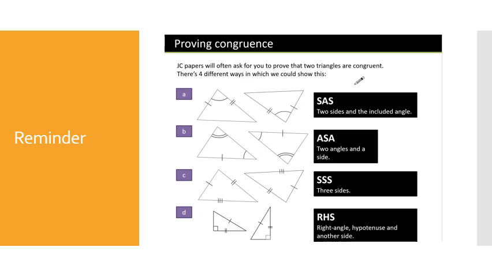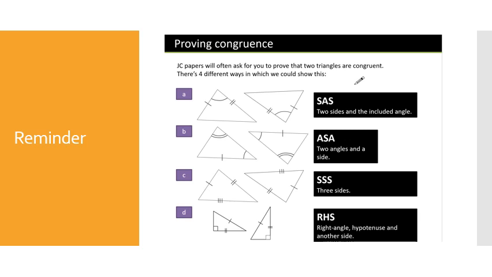The other thing that's useful is what is meant by congruent triangles. If two triangles are congruent, they have the exact same shape and the exact same size, so all angles are equal in measure and all sides are equal in measure. There are four ways to show that triangles are congruent.